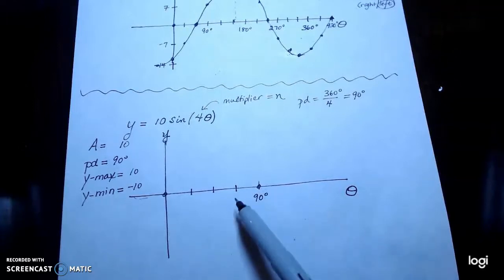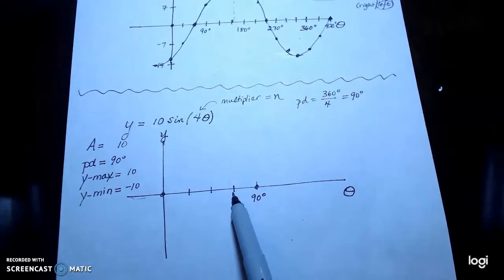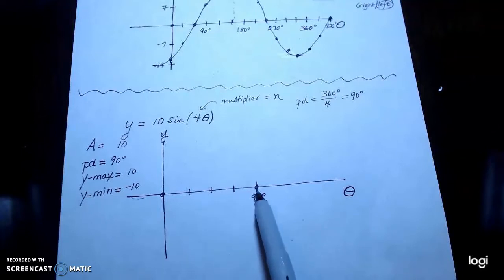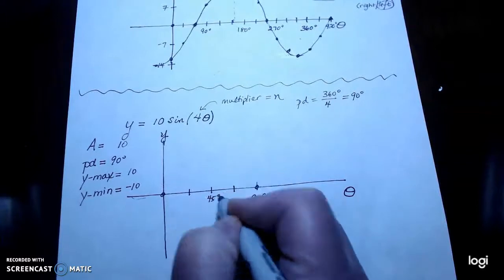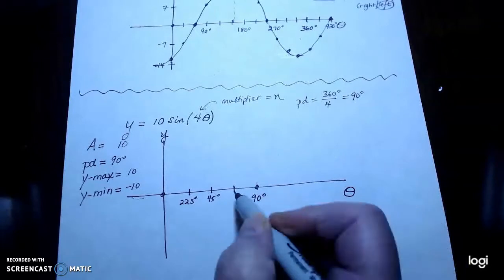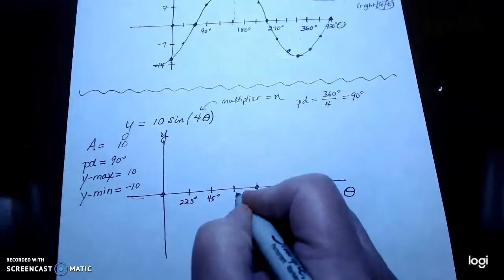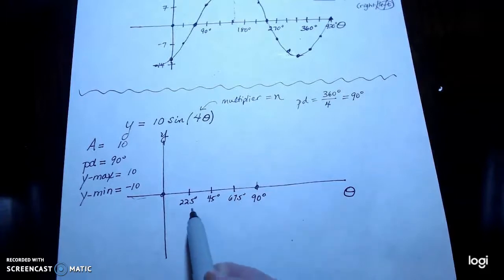That doesn't really cut it because 30, 60, 90 would take you here. So work with half values. Half of 90 is 45 degrees. Half of 45 is 22.5 degrees, I believe. And then we'd have 67.5. I've got to double check that I did this correctly, but it looks correct to me.